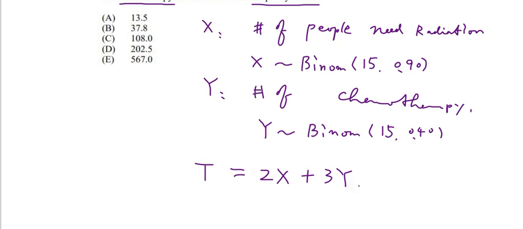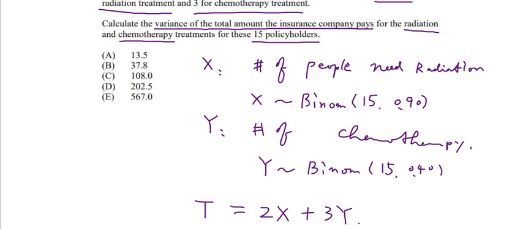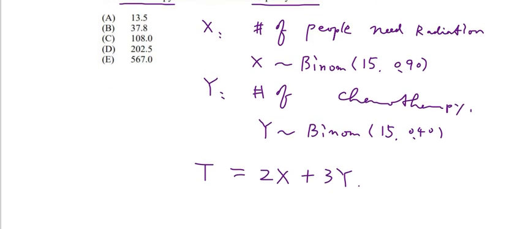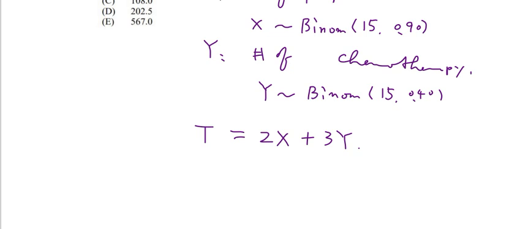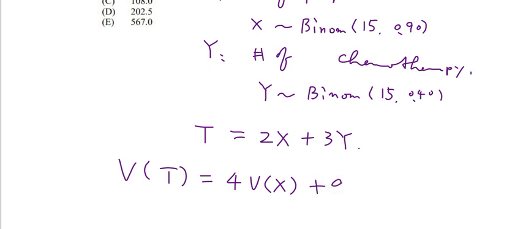So now the problem is easy. We want to find the variance of T, so Var(T) equals 2 squared, 4Var(x), plus 9Var(y).